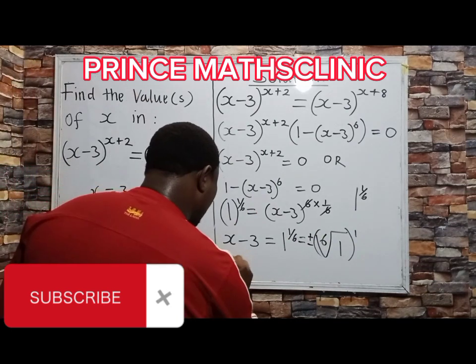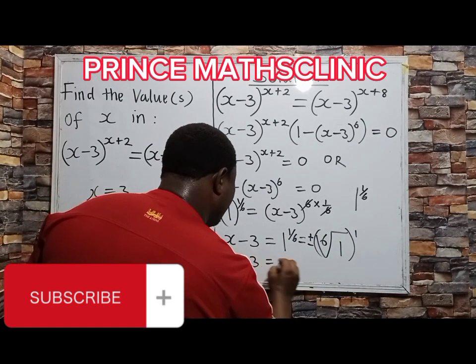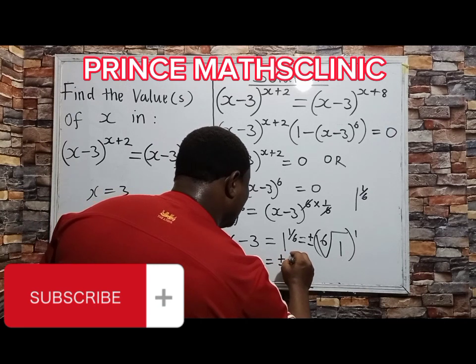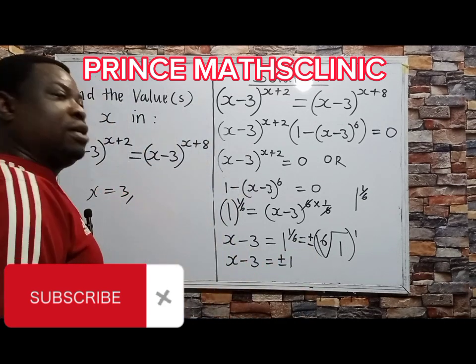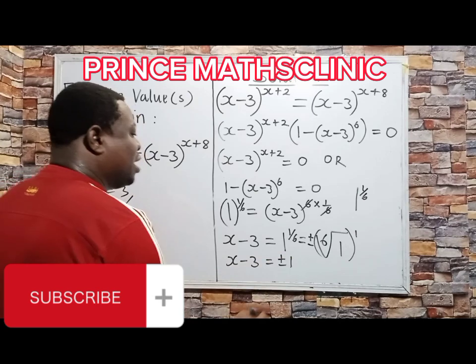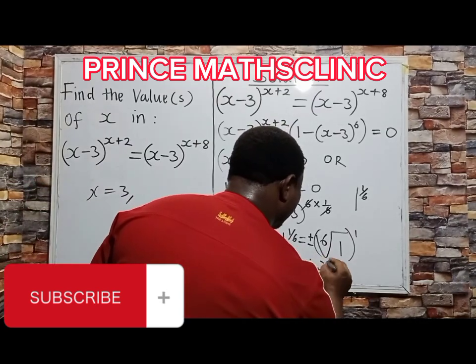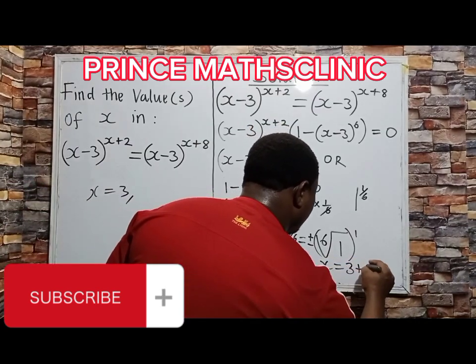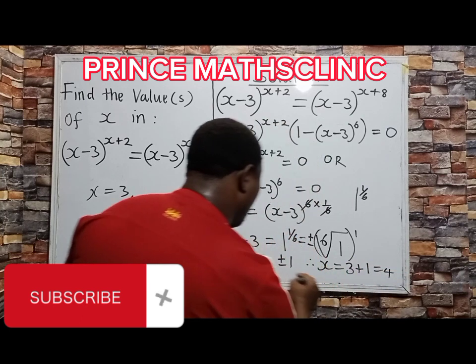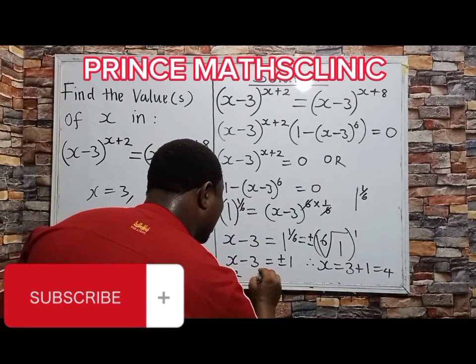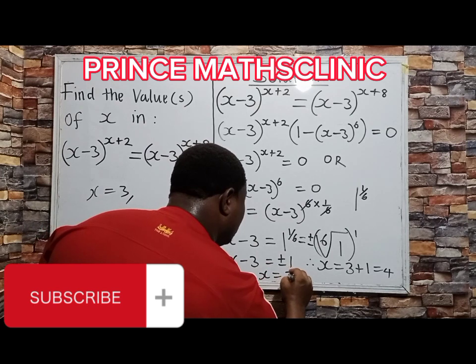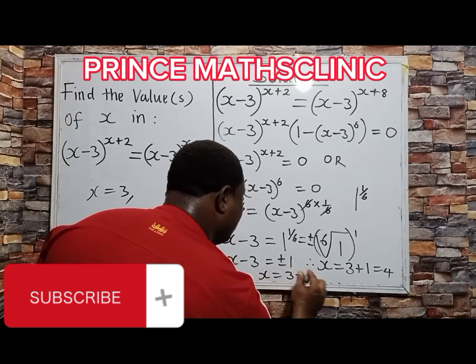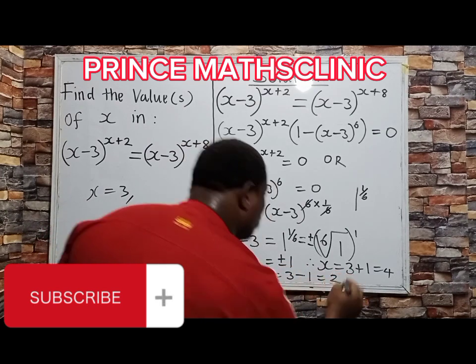So this becomes x minus 3 equals plus or minus 1. So by the time I move 3 here, my x will now become 3 plus 1, which is 4, or x becomes 3 minus 1, remember there's a minus there, which equals 2.